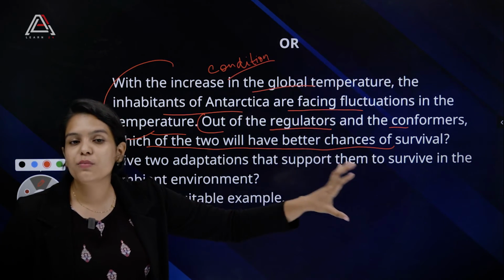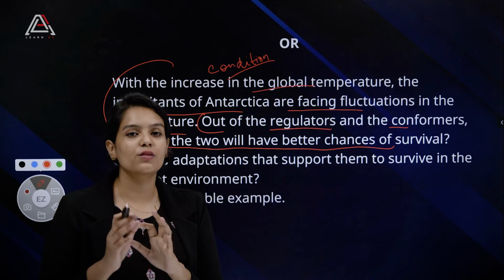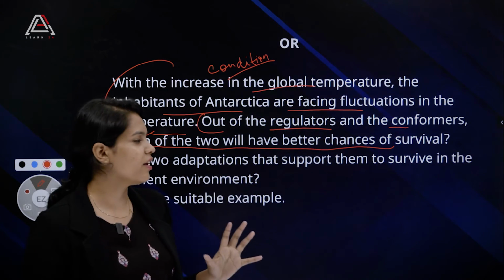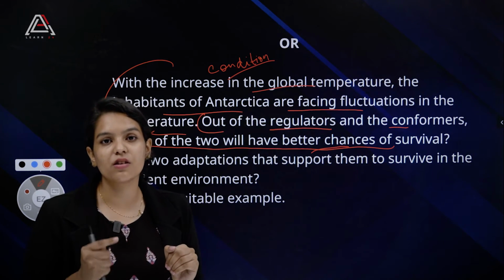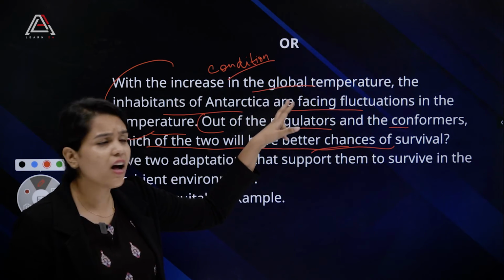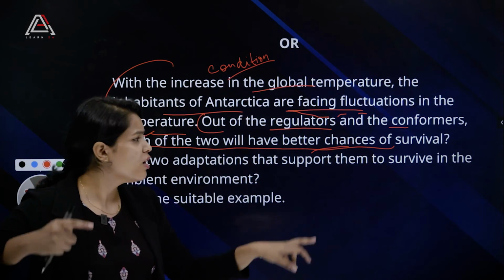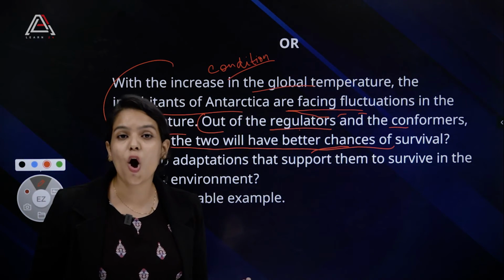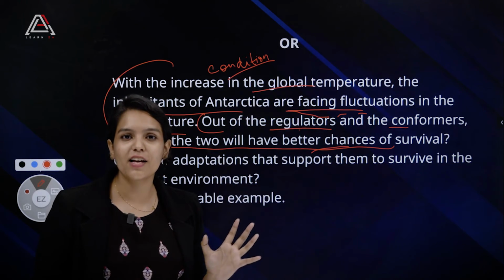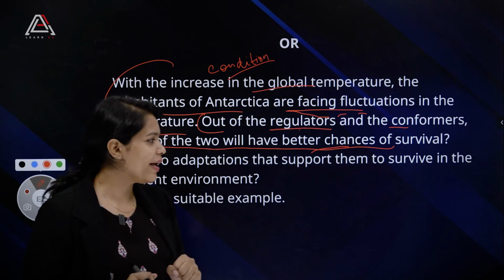But conformers cannot regulate their temperature. They have a particular fixed temperature that they cannot regulate. Alright, so who will have a better chance of survival? Because in the condition they are already mentioning that there is a fluctuation in the temperature. So regulators have the ability to regulate their temperature, so it's very obvious that regulators are the ones which will survive in this area, right? So that part you understood. I hope you understood.